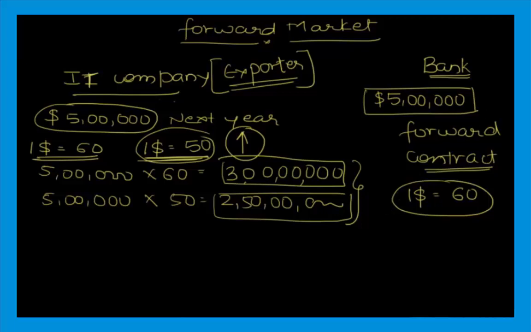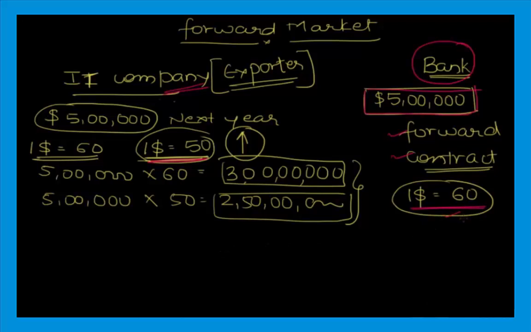This means that if the bank signs this contract with the IT company, irrespective of $1 becoming 50 in the future, whenever $5 million are supposed to be received, it will be converted at $1 equal to 60.